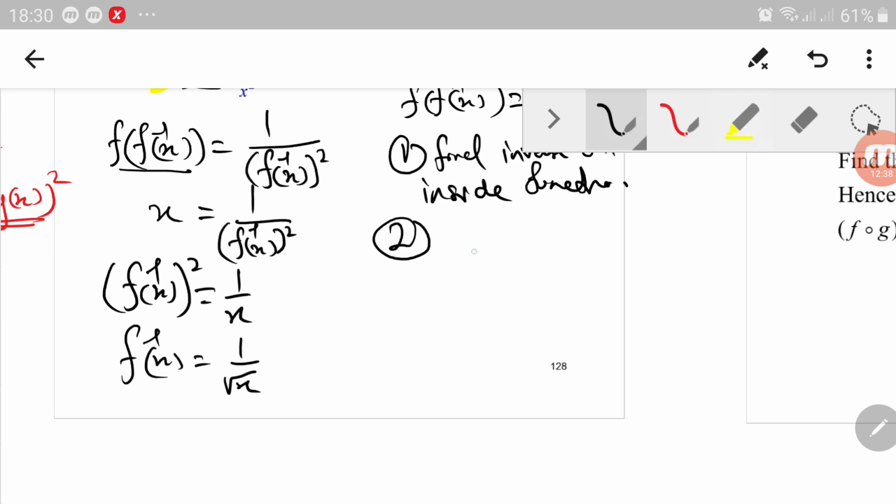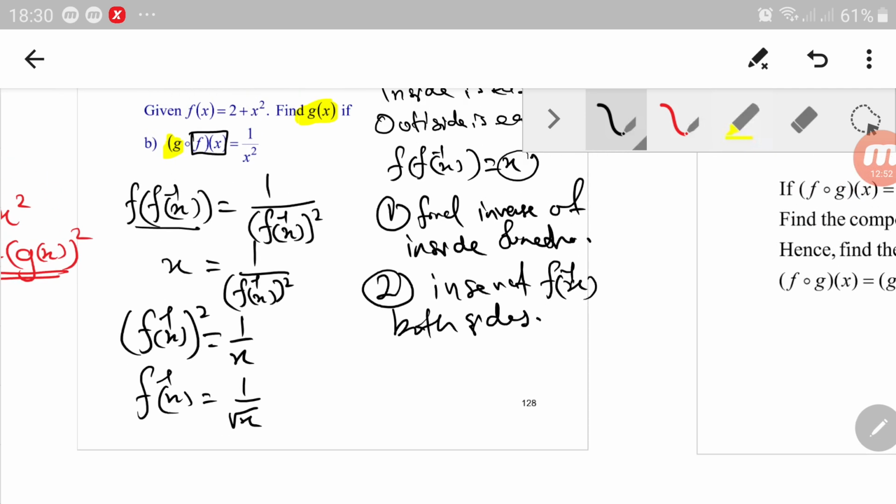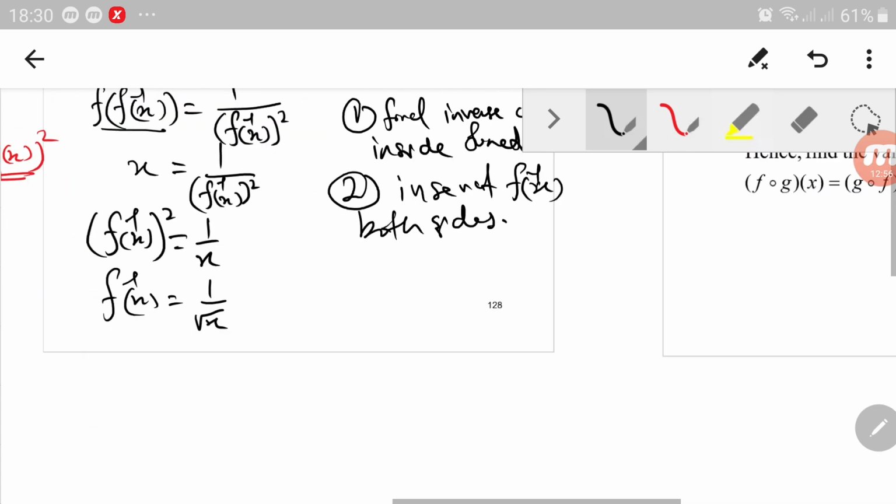And second, insert f inverse in both sides, in the composite, inside here. Now, what we have there is g composite f x.